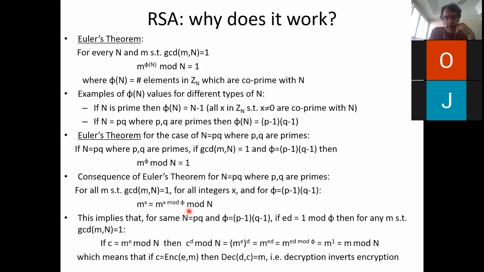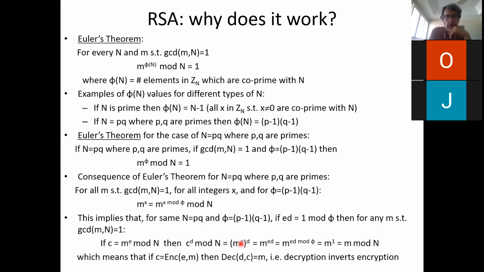So just observe the following. If C is m to the e, right? C is properly encrypted m. Then if you decrypt it, you take it to the D mod n, well, this thing is equal to that thing, because C is m to the e, and everything is going to be mod n. I'm not going to repeat mod n everywhere; all these equations just hold mod n.